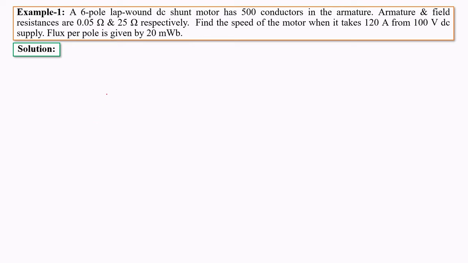Here it is a DC shunt motor, so you can draw the circuit diagram of the shunt motor. This is the supply voltage. It is the armature winding resistance, back EMF.